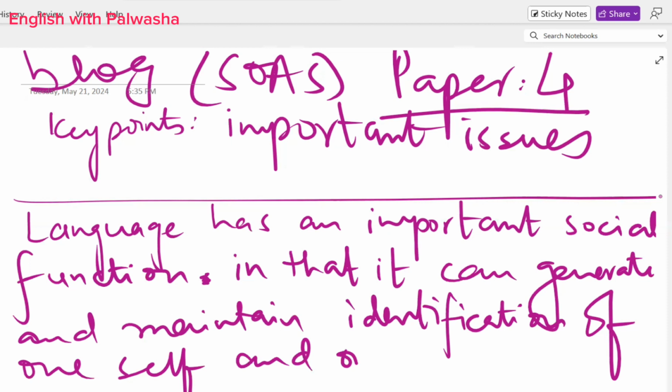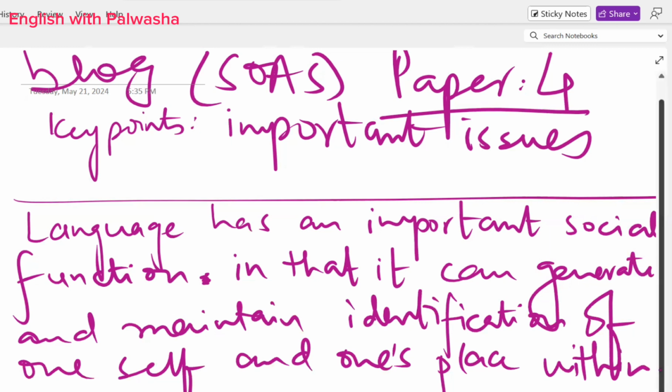So basically, what are we talking about? One's place within. We are going to begin our introduction in a proper manner by talking about the language in detail, putting the punctuation marks in a proper manner.